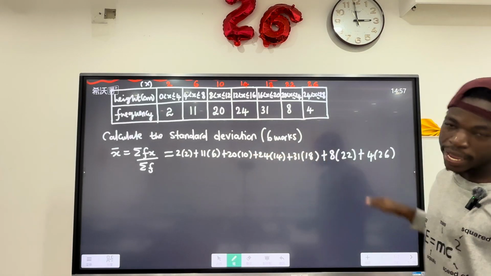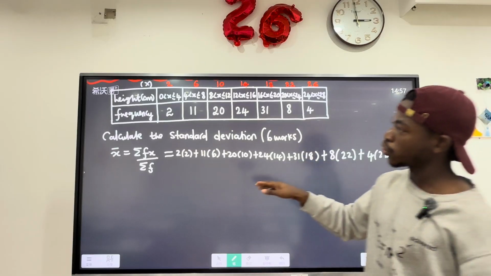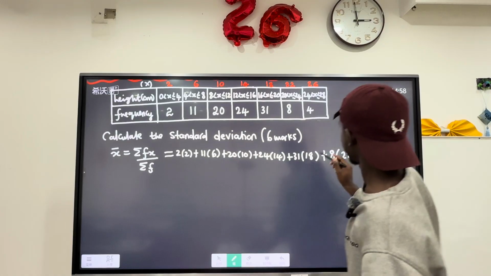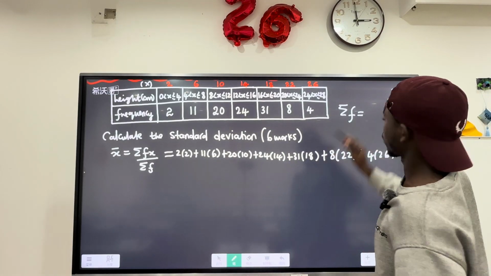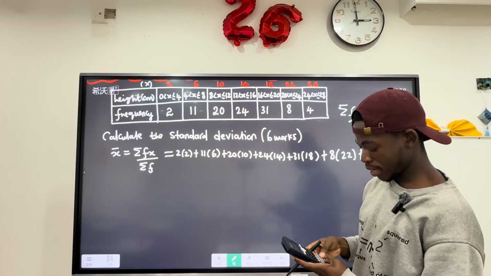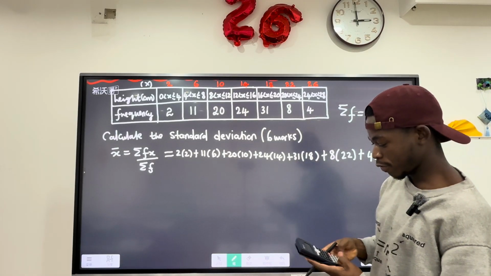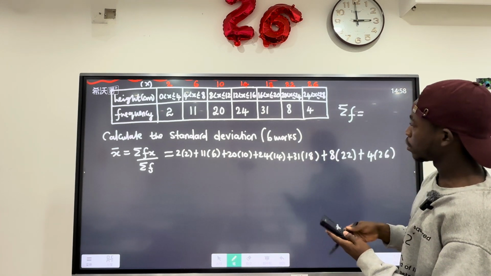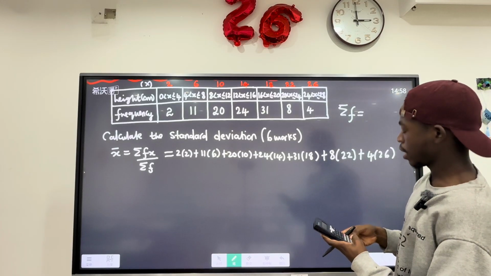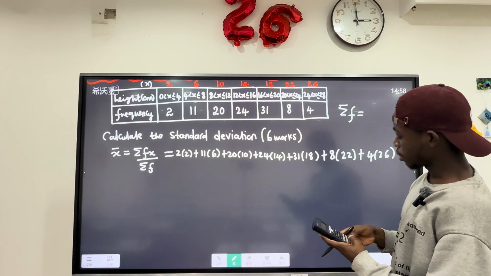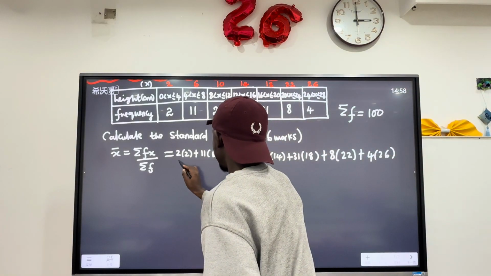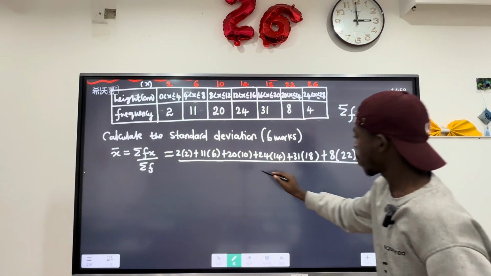Once you multiply and add them throughout, you need to divide by the total frequency, which means you add all these numbers: 2 plus 11 plus 20 plus 24 plus 31, I missed 31, plus 8 plus 4. I'm getting 100. So this is the total frequency, and I'll divide everything by 100.